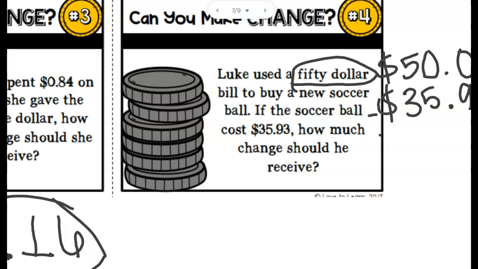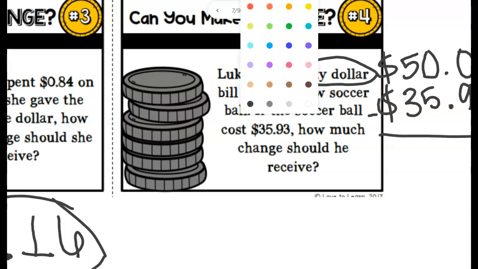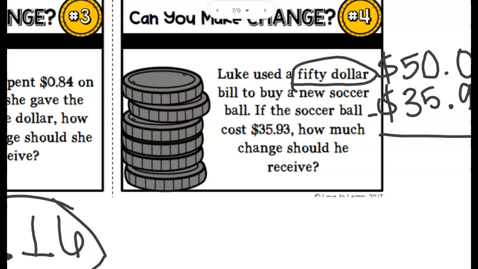Write my dollar signs, my subtraction, and my line. Use a different color to help see this. Again, I'm going to have to subtract across zeros because there's more on the floor. I'll have to go all the way over here, take 1 away, add 10 more, take 1 away, add 10 more, take 1 away, add 10 more.